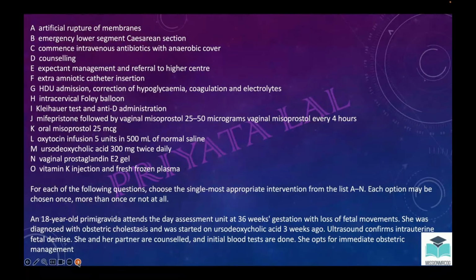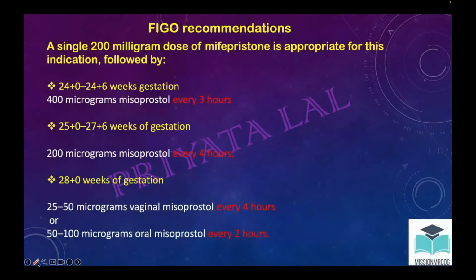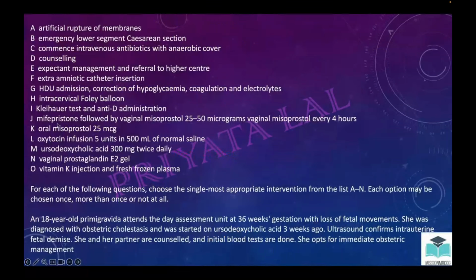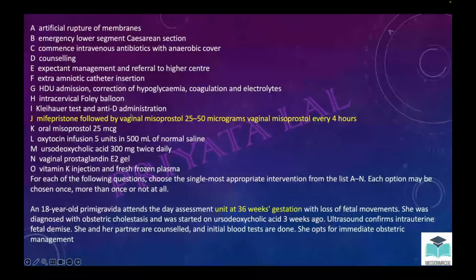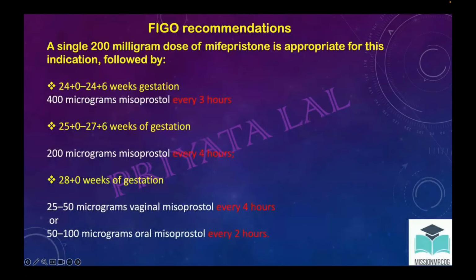Mifepristone followed by vaginal misoprostol. Yes. So the answer would be mifepristone followed by vaginal misoprostol, 25 to 50 microgram every 4 hours, because the patient is 36 weeks, and this is a FIGO recommendation.